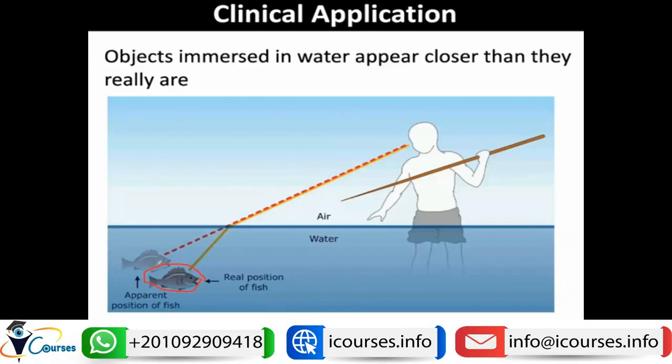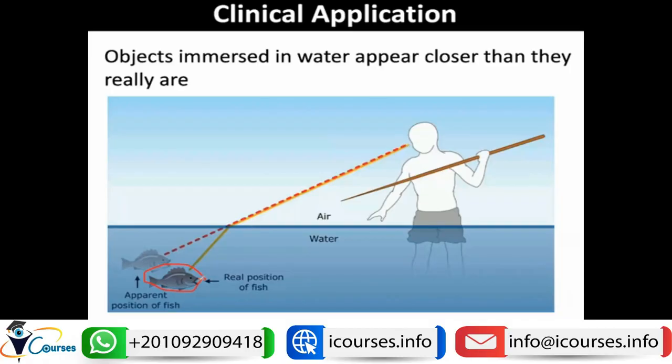And this image, because of refraction, as I told you before, this is the fish, and this is the fisherman who wants to catch it. Our eyes cannot see broken lines, so our eyes can see only straight lines.